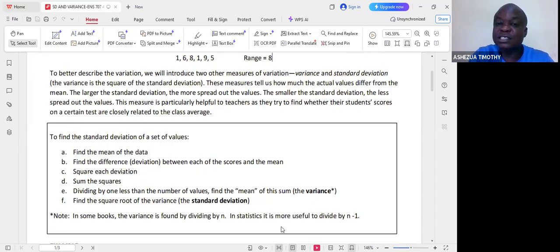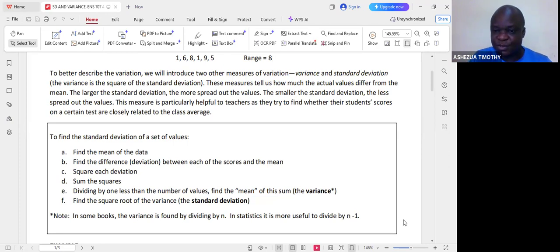That is why they say in statistics, it is more useful to divide by n minus 1, because in statistics, you take a sample, conduct the analysis, and you generalize. The moment you are talking about an entire population, you divide by only n. But if you are talking about a sample out of a population, you divide by n minus 1. That's the difference.